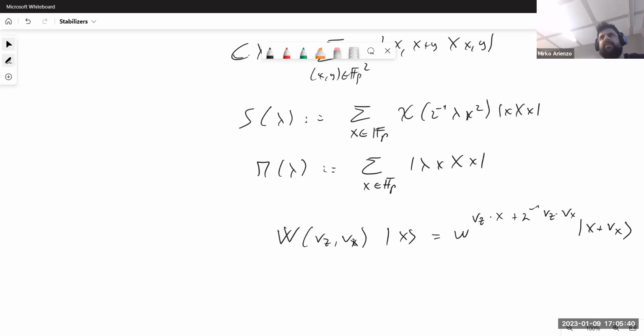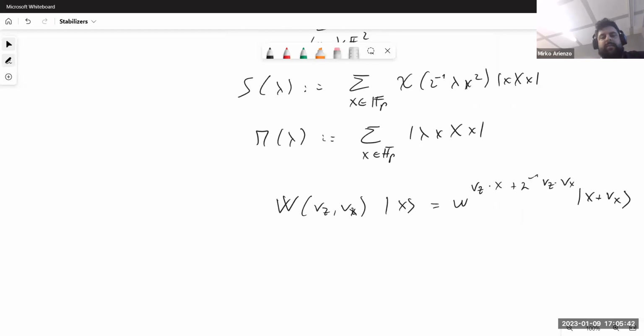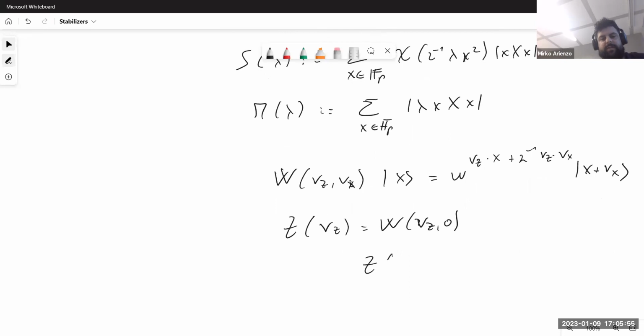This is the general definition. But let's say a Z operator would be just W of VZ0. And so Z of VZ acting on X is, yeah, you don't have this term here, it's just omega to the VZ X.